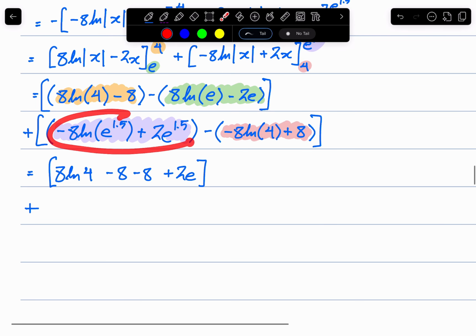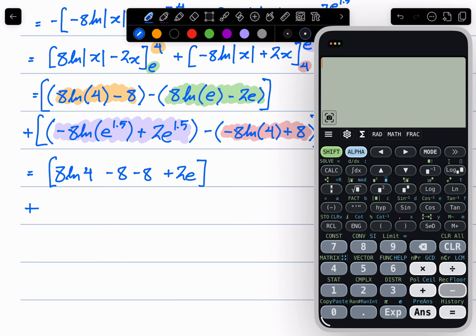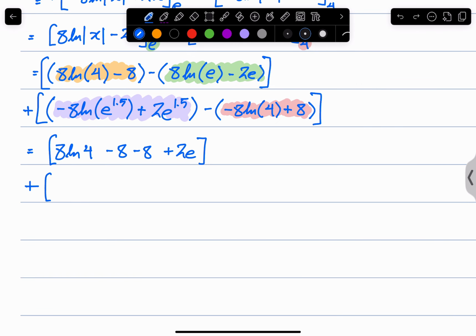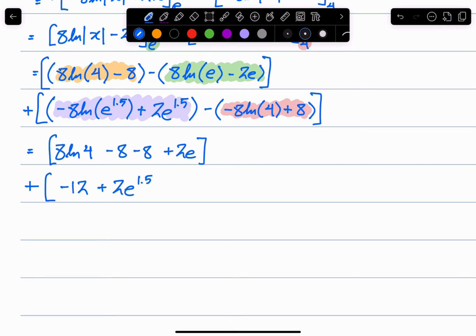Adding on to this, simplifying this, you can check your calculator, which I'm going to do. Negative 8 ln of e to the power of 1.5 gives me negative 12. So this becomes negative 12. This stays as it is because you can't simplify. Minus negative 8 gives me plus 8 ln of 4 minus 8.